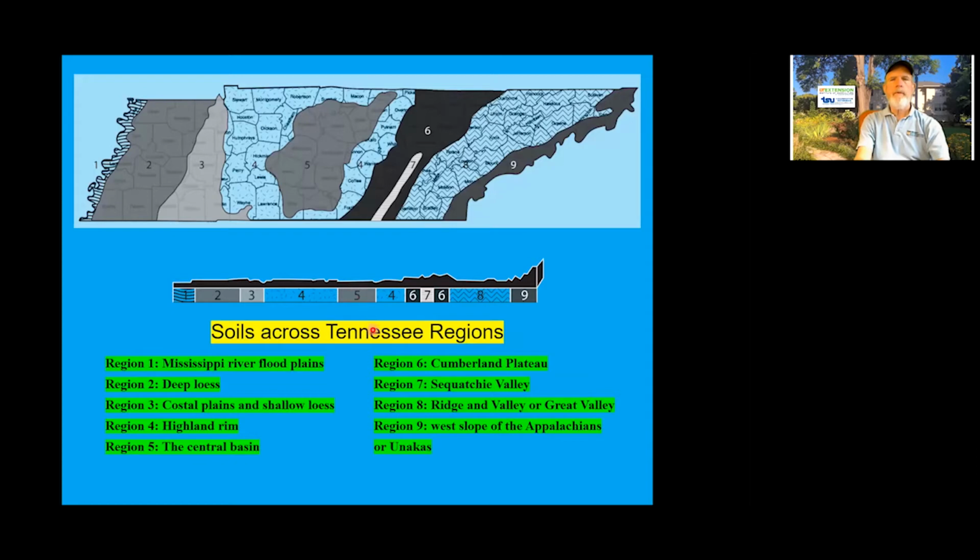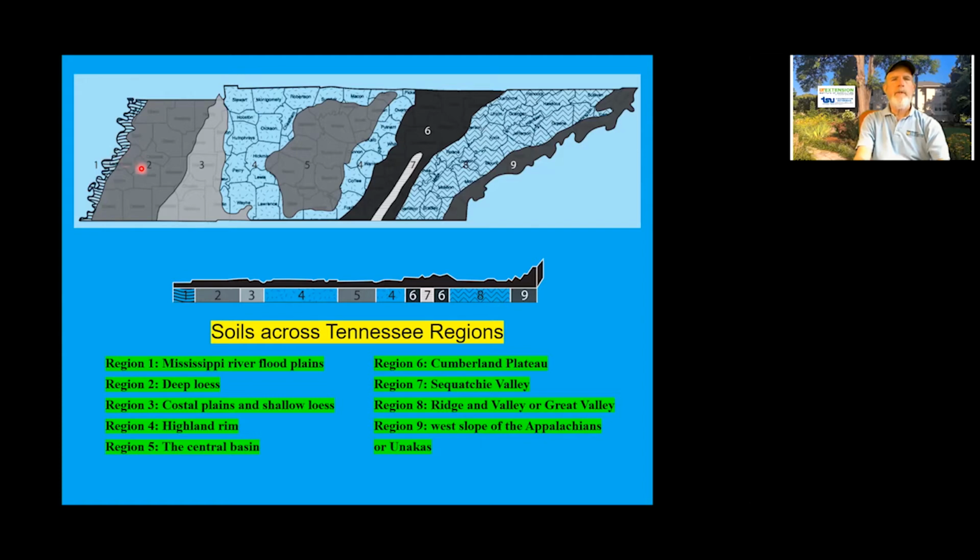Here are some of the soils. These are just basic soils that are across the Tennessee regions. And here we've got 9 different types of soil. We'll go through each one of these, but basically we start at the Mississippi River, the floodplains. Over and over, the Mississippi River has flooded, and that certainly made the plains quite a bit different.